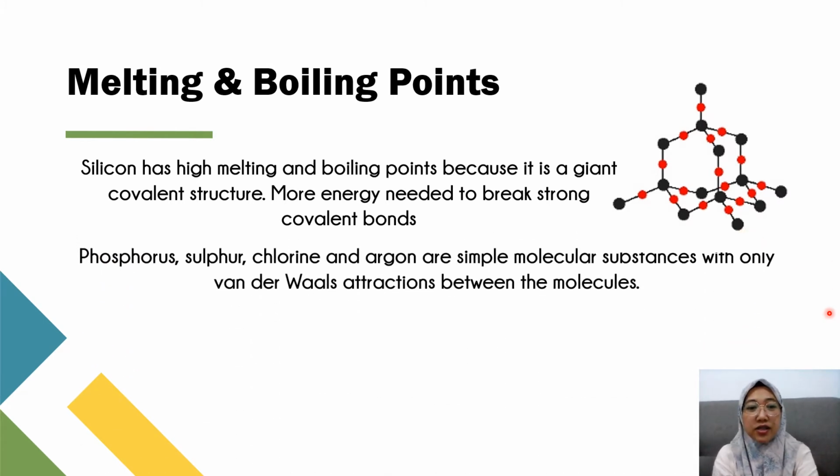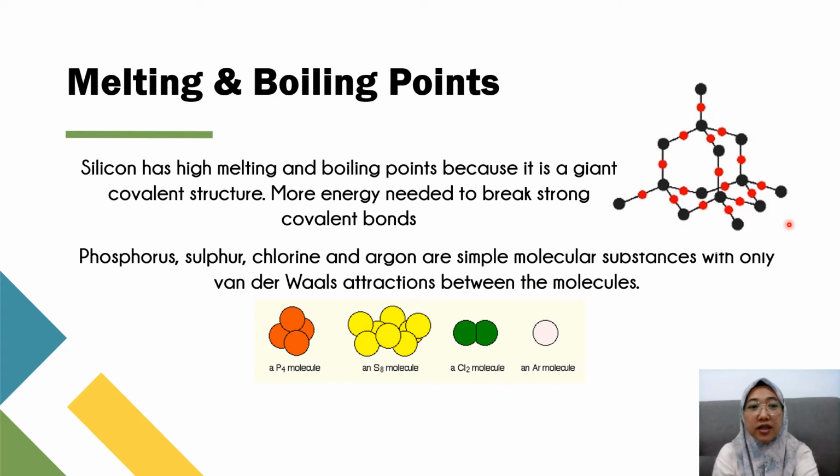So, phosphorus, sulfur, chlorine, and argon are simple molecular substances with only van der Waals attraction between the molecules. Okay, that's why the melting and boiling points are low. Okay, here we have phosphorus. This one is sulfur, chlorine, and argon.